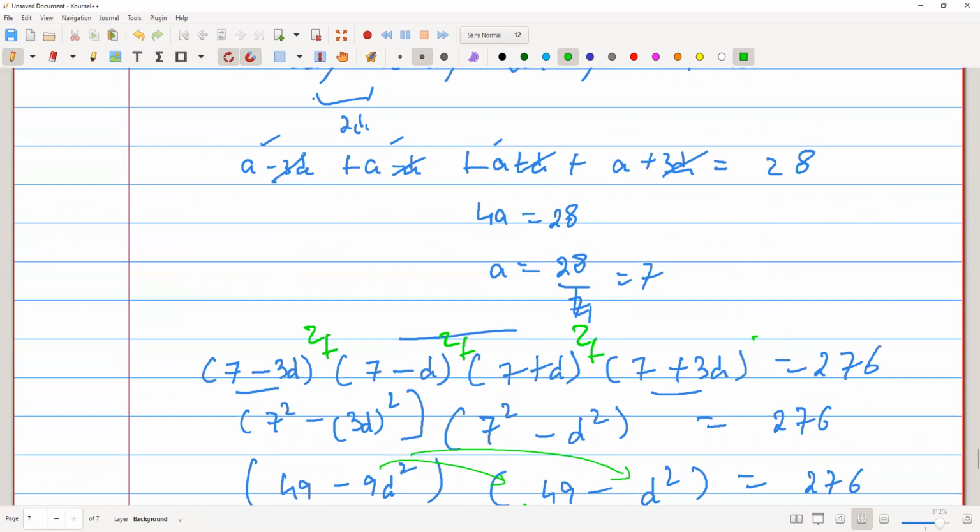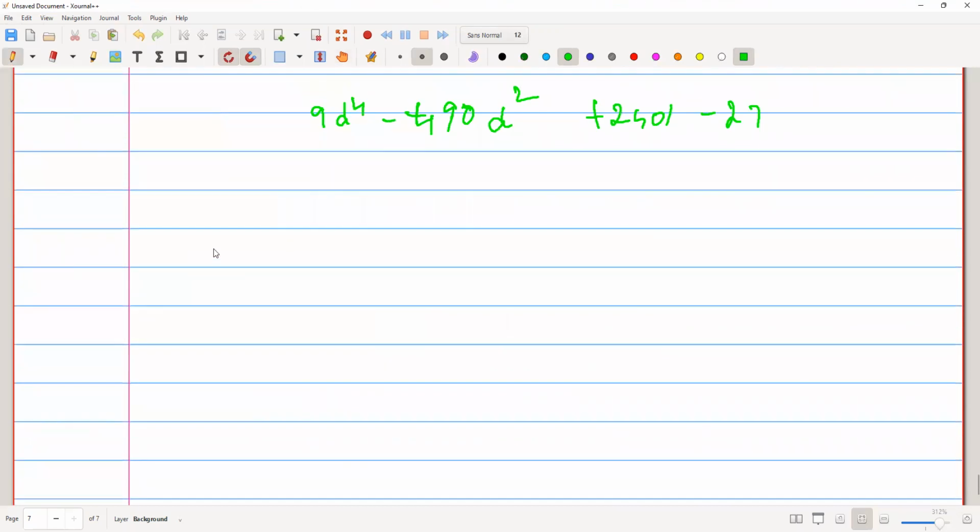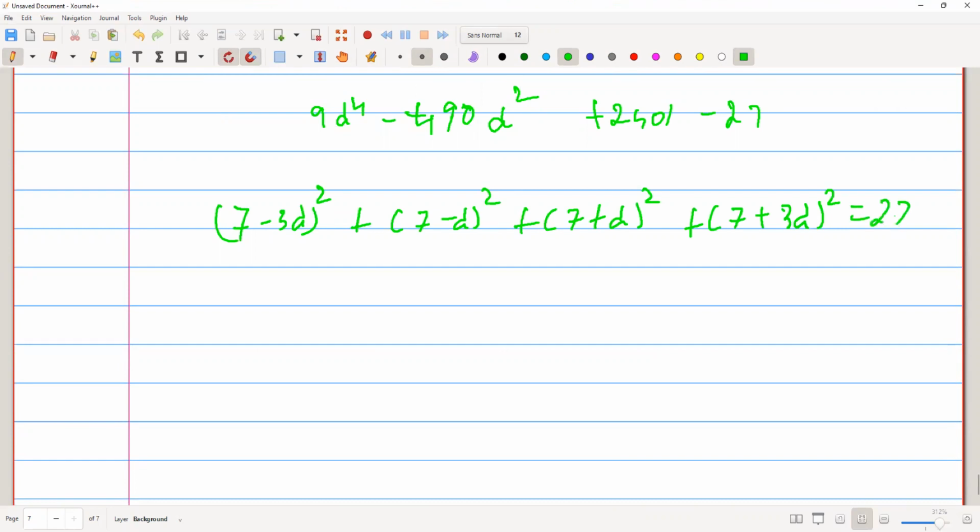It should be squared here. So 7 minus 3d whole square plus 7 minus d whole square plus 7 plus d whole square plus 7 plus 3d whole square equal to 276. So we will get squares only, not power 4.